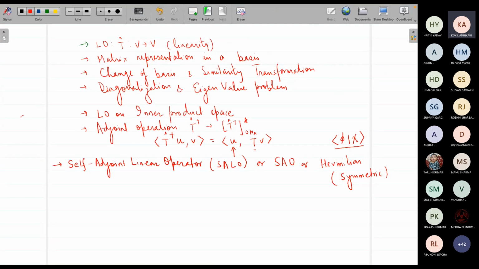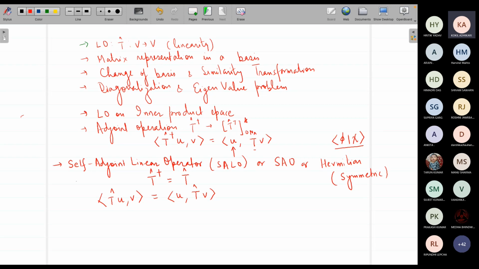Anyway, let's define the self-adjoint linear operator. It is rather simple. It is the way you define a Hermitian matrix: the adjoint is the same as the operator itself.